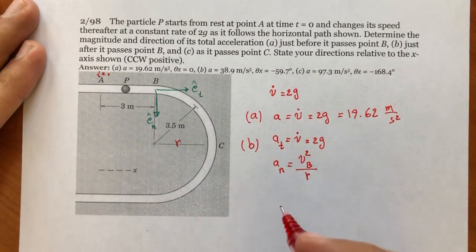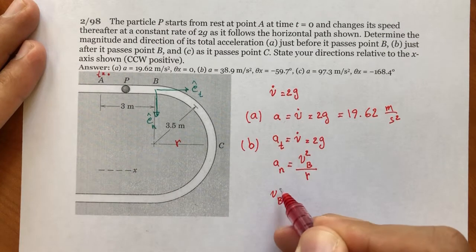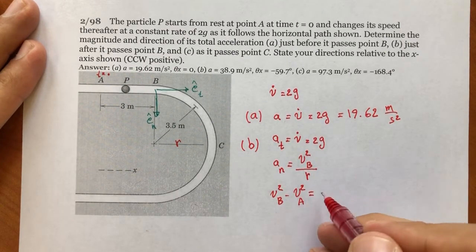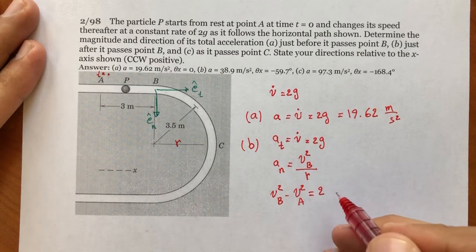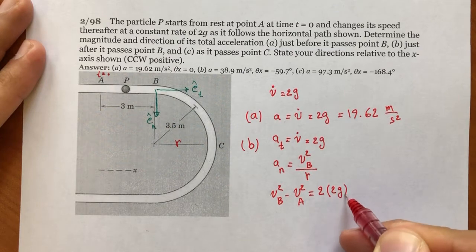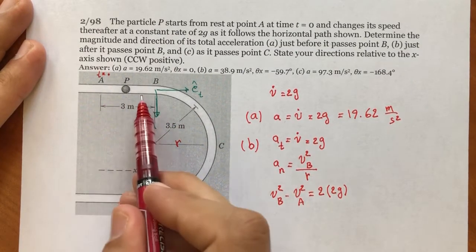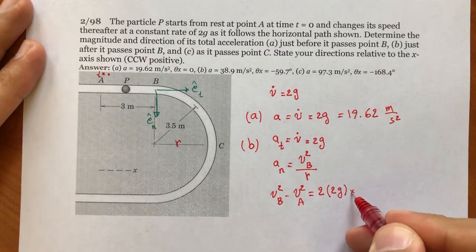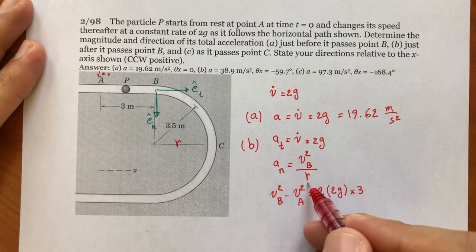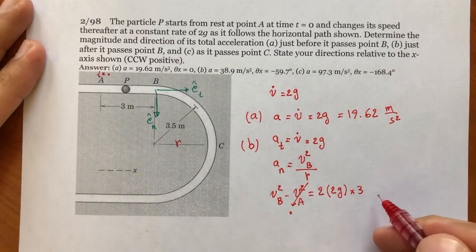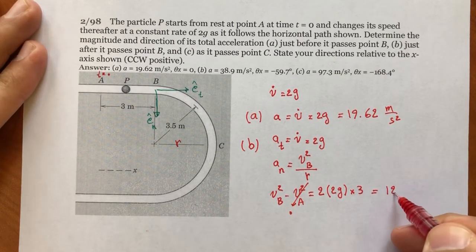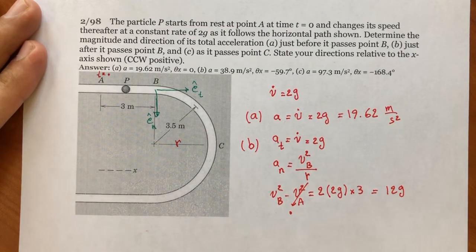Because acceleration is constant, I can write velocity at b squared minus velocity at a squared is equal to 2 times acceleration, which is 2g, times the displacement from here to here, which is 3. And velocity at point A is equal to 0. So velocity b squared is going to be 12g, which I can put here.